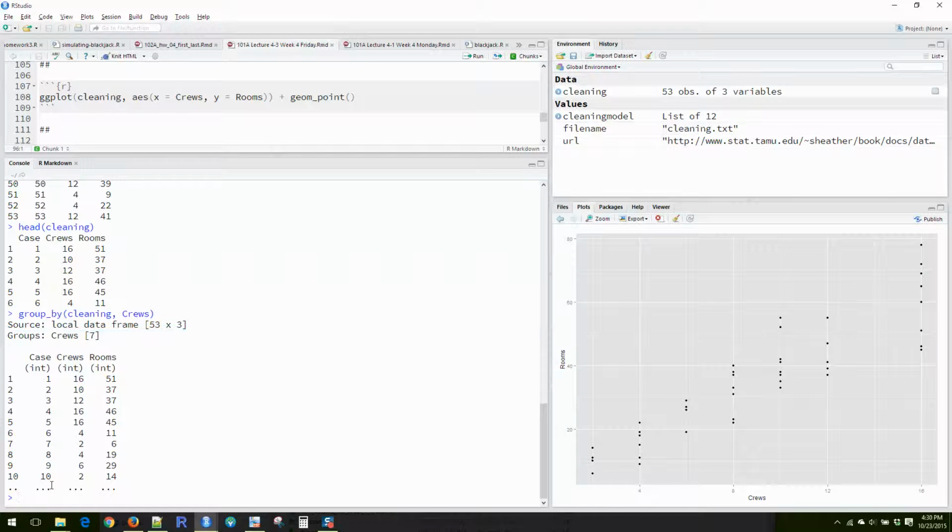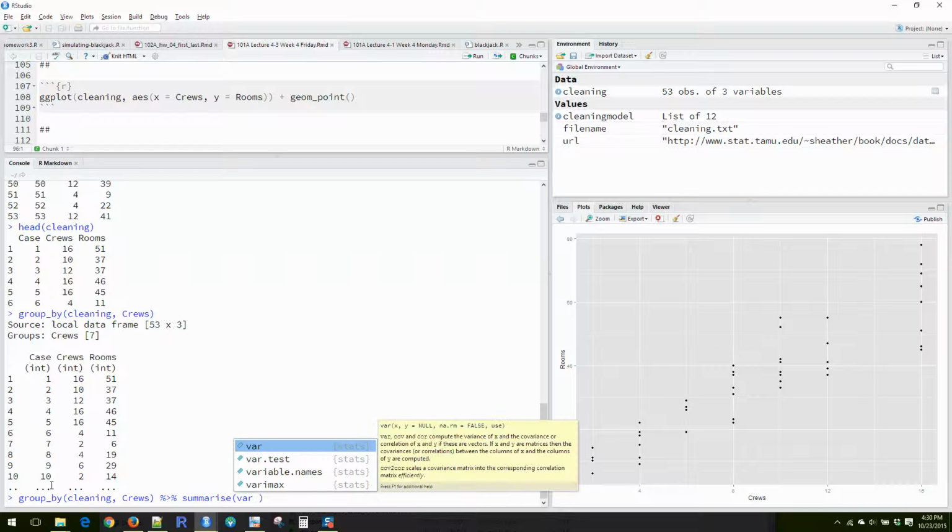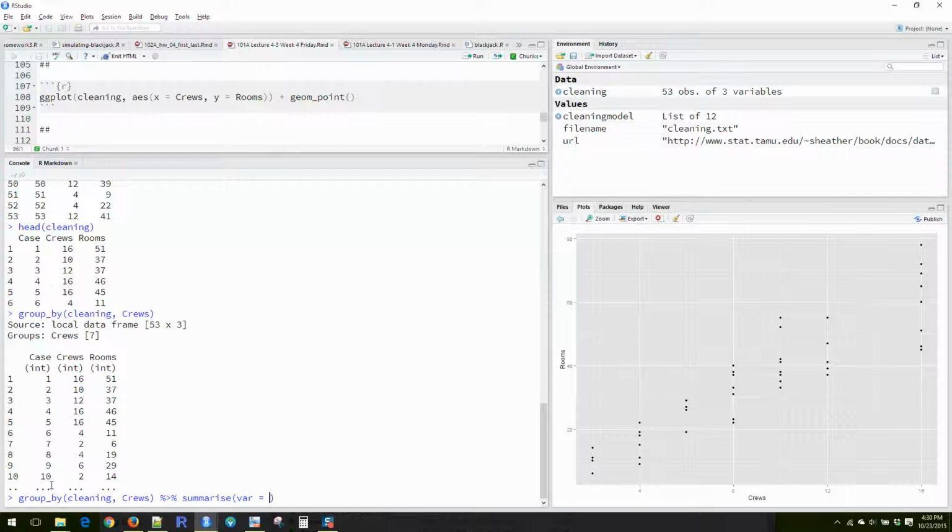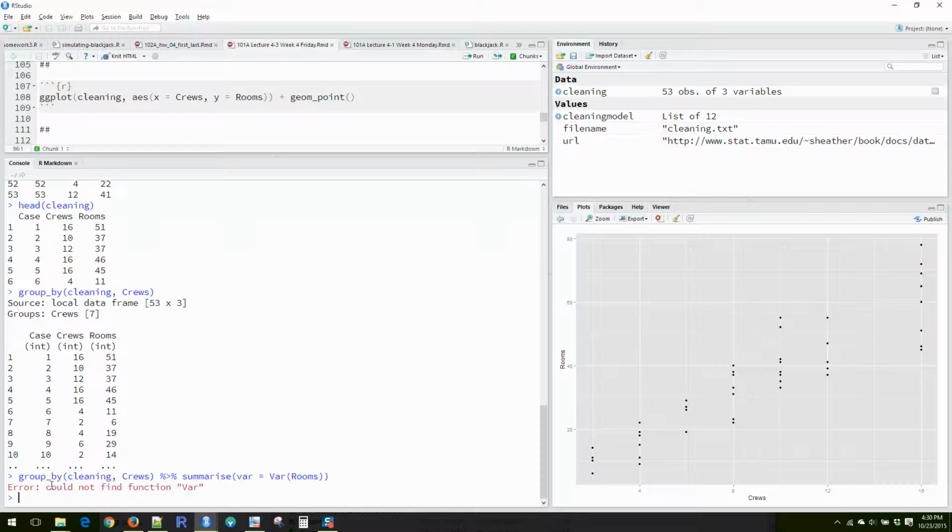And what I want to do is summarize that. What do I want to summarize? The variance, exactly. So I'm going to create a variable called var, and this is going to be the variance of rooms.